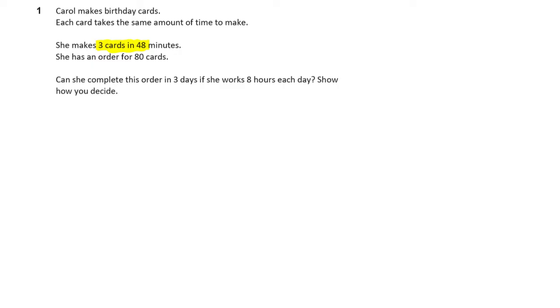So from that we should be able to work out how long it takes to make 1 card. So if 3 cards are in 48 minutes, then 1 card equals 48 divided by 3, which is 16, isn't it? 16 minutes per card. Okay, and we know she has orders for 80 cards.